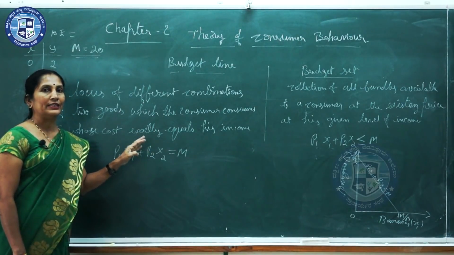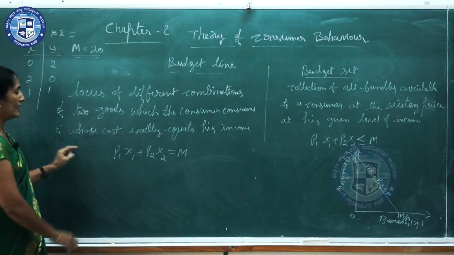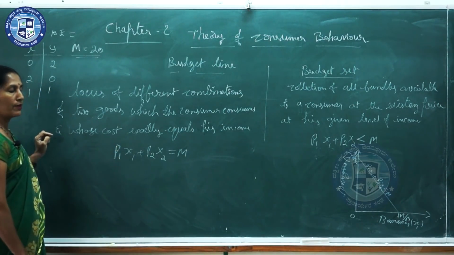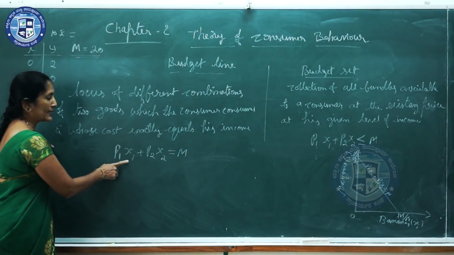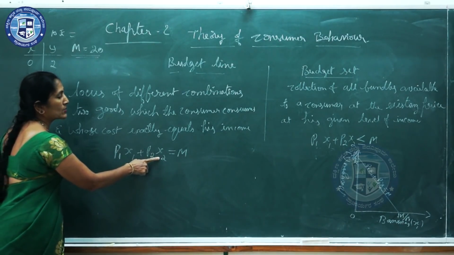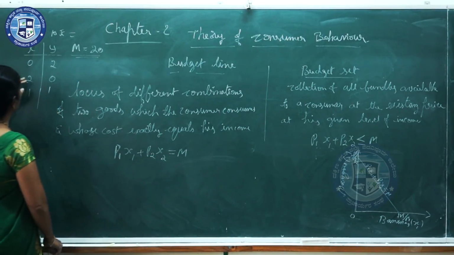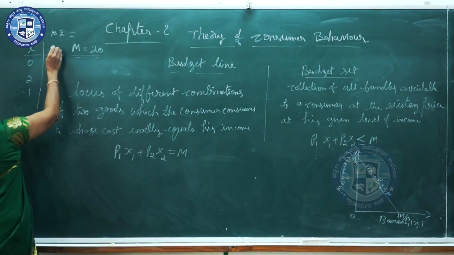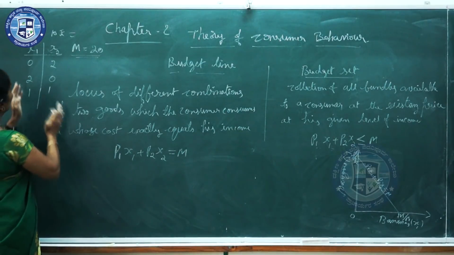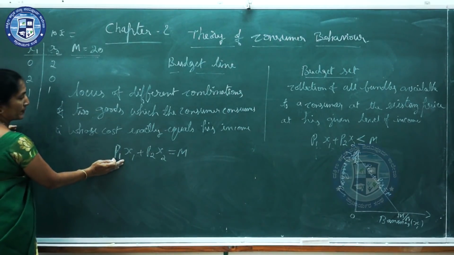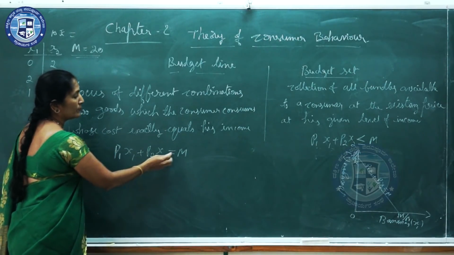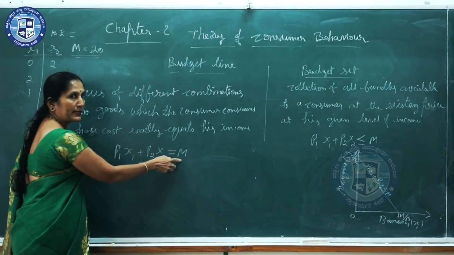The equation we can write in this way: P1 is the price of commodity X1, so P1X1 plus P2X2 is equal to M. Instead of writing Y, we write X1 and X2. The price of X1 is P1 and the price of X2 is P2, and the total should be equal to his money income.